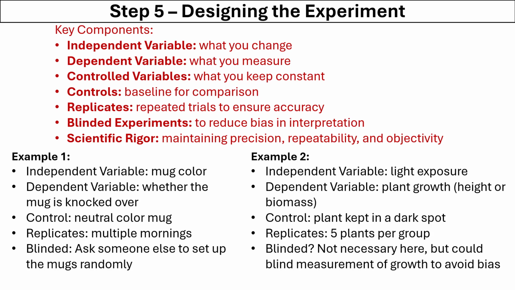You have to see what variables are independent and what variables are dependent. So independent variables are things that are changing independently, and dependent variables are what you are measuring, what you're recording, and based on which you're going to make some correlations. Then you're supposed to have some controls.